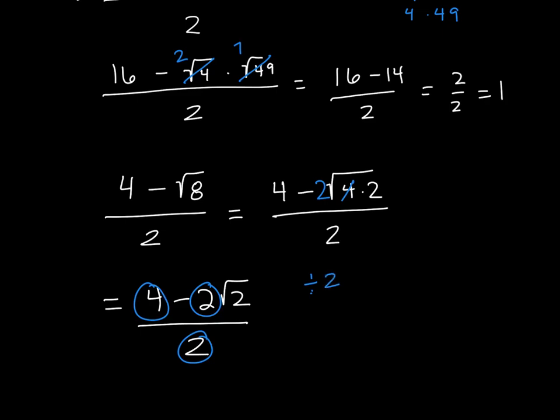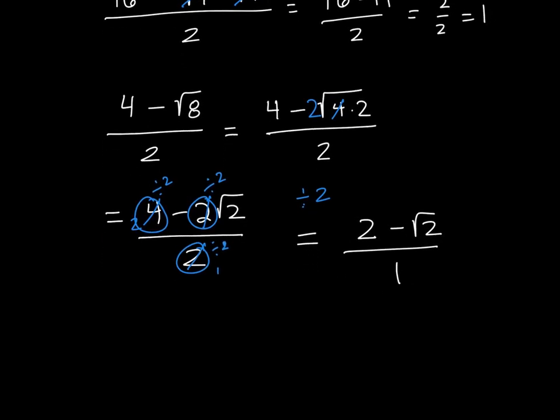When I divide them all by 2, 4 divided by 2 is 2. 2 divided by 2 is 1. And 2 divided by 2 down here is also 1. So all of that would equal 2 minus the square root of 2. It's over 1, but because it's over 1, you don't have to write that 1 in the denominator. That would just be 2 minus the square root of 2.